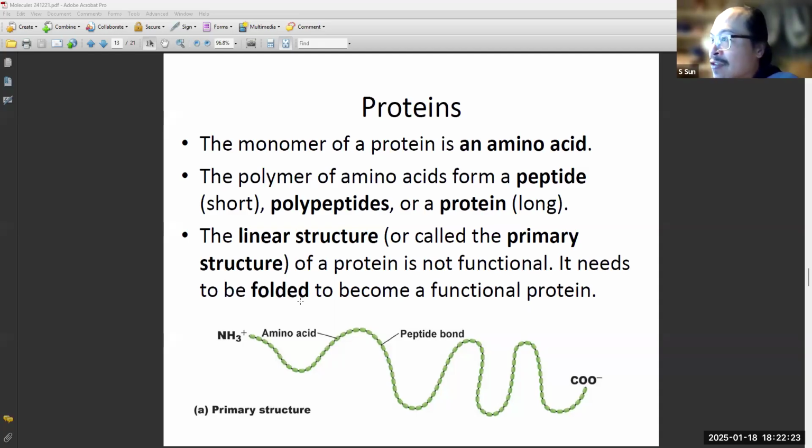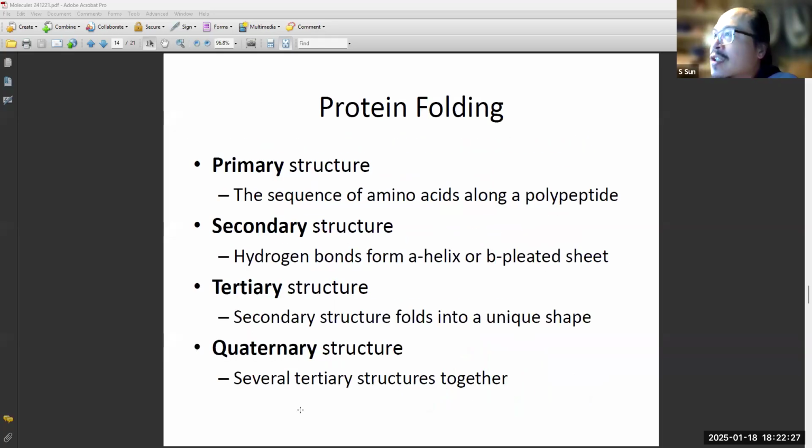So we will fold it to change from the primary structure to a secondary structure, and then to a tertiary structure to look more like a piece, to a quaternary structure. Depends on the protein. Sometimes we don't need to fold it. Sometimes we just need a secondary structure. Sometimes we need tertiary structure. Sometimes we need quaternary structure.